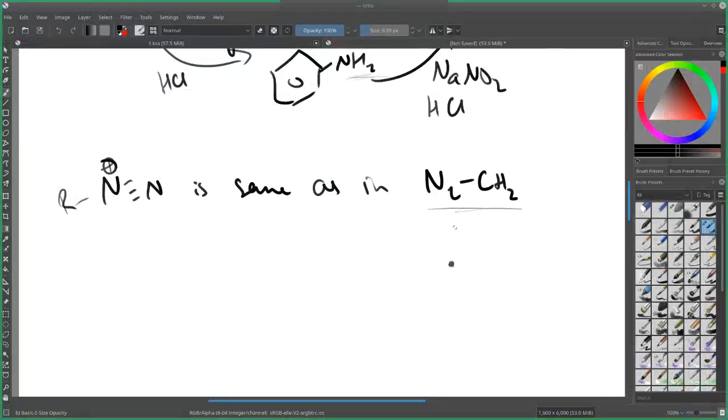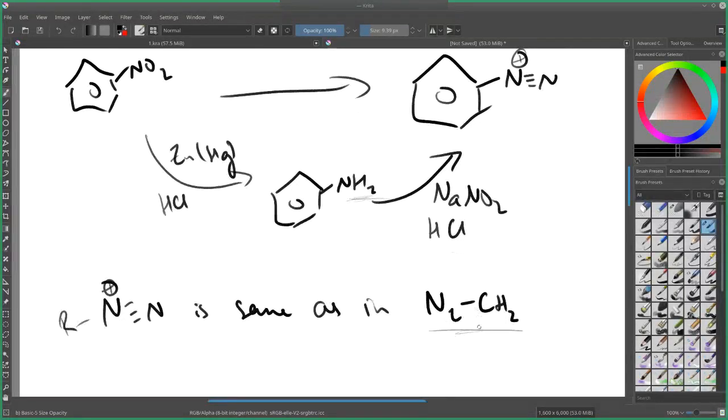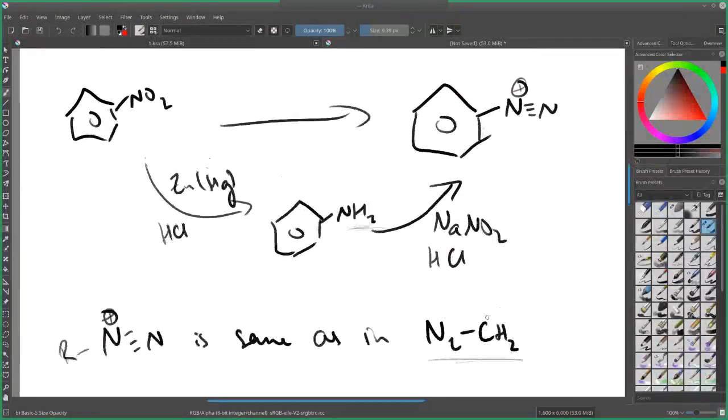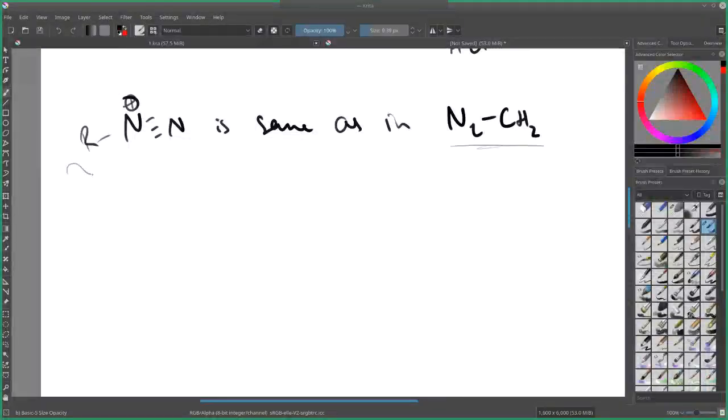This method is used for aromatic things, but for diazomethane, you actually do it differently. There are special compounds that you can use to make diazomethane that don't involve this process. I mentioned that because when I took the class, I remembered it being mentioned that you could do this to make diazomethane, but I wasn't able to find that anywhere online. So if you're interested, that's something that you could look into.